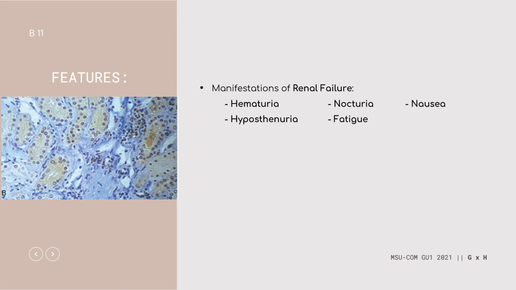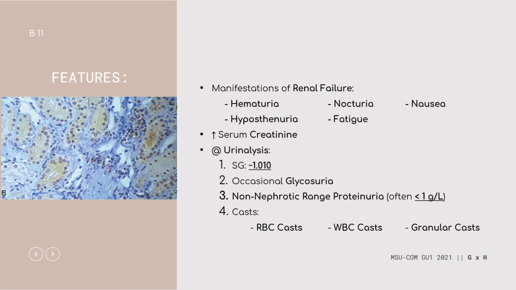Typical manifestations of chronic interstitial nephritis are the same as the signs and symptoms of renal failure. This includes hematuria, hyposthenuria, which means an abnormally low urinary specific gravity, nocturia, fatigue, and nausea. Laboratory evaluation also reveals elevated levels of serum creatinine, while on urinalysis, the specific gravity is about 1.010.